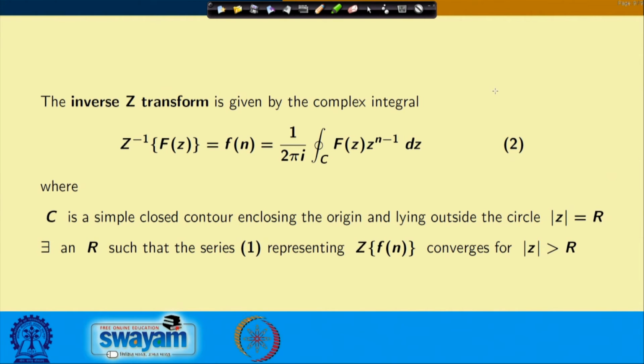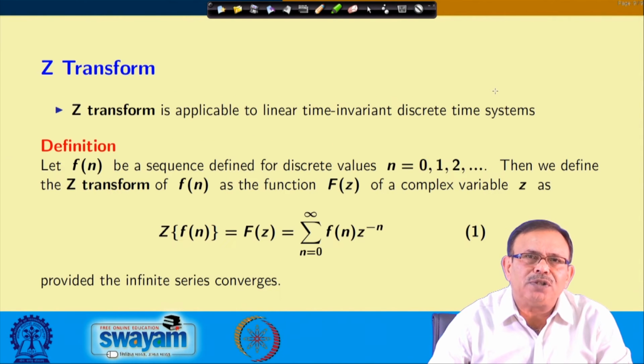and the origin and lying outside the circle modulus of z equals r, and we are choosing r in such a fashion that the series represented by the Z transform of f(n) converges for modulus of z greater than r. So, please remember this function, that the Z transform of f(n) equals summation n equals 0 to infinity f(n) into z to the power minus n.